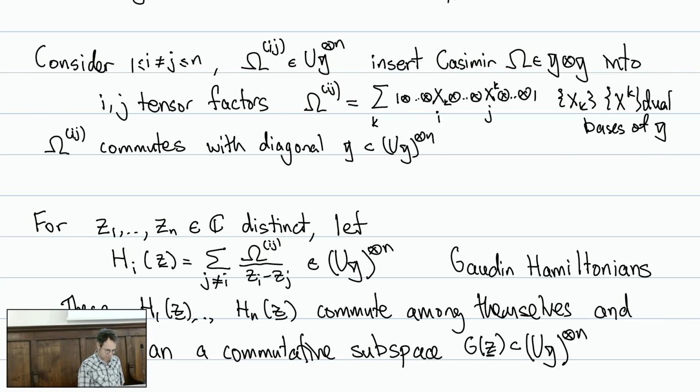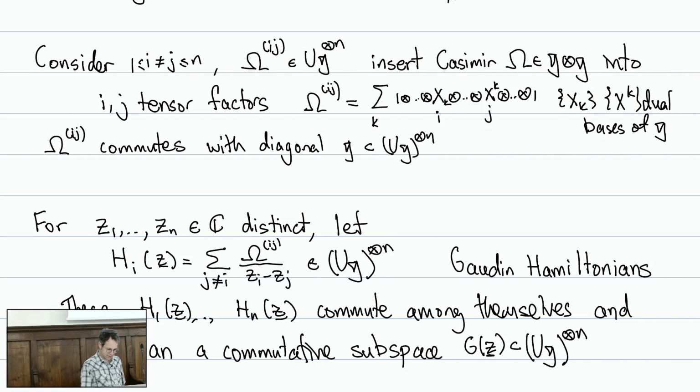More precisely, I take n distinct complex numbers, and I define the Gaudin Hamiltonian to be a linear combination of those omega ij's, where the coefficients are 1 over zi minus zj. It's important, of course, that these z1 through zn are distinct, so this denominator doesn't vanish. And I call this linear combination a Gaudin Hamiltonian.